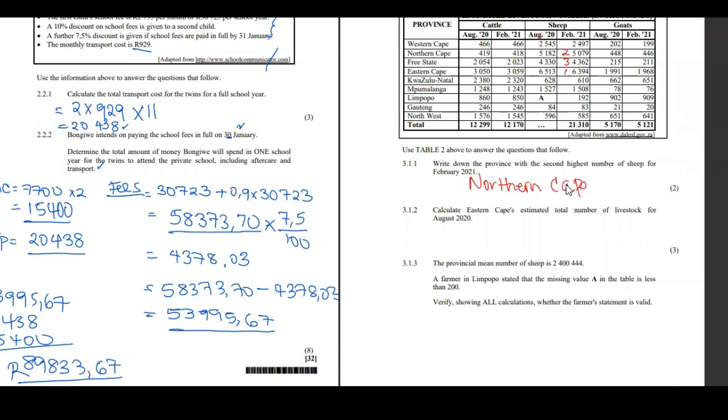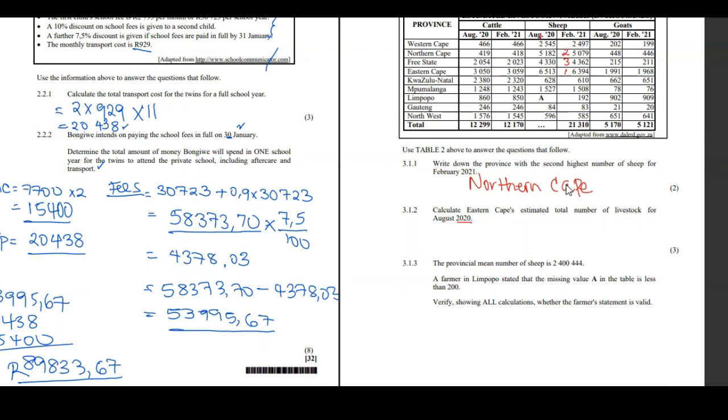Northern Cape. All right, calculate the Eastern Cape's estimated total number of livestock for August 2020. Remember, they are saying livestock. Livestock means you're going to add cattle, sheep, and goats, but it's August 2020.